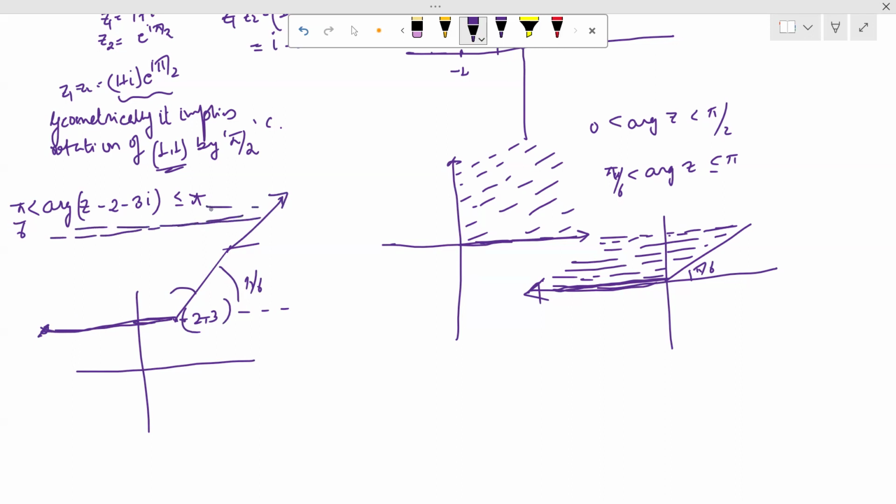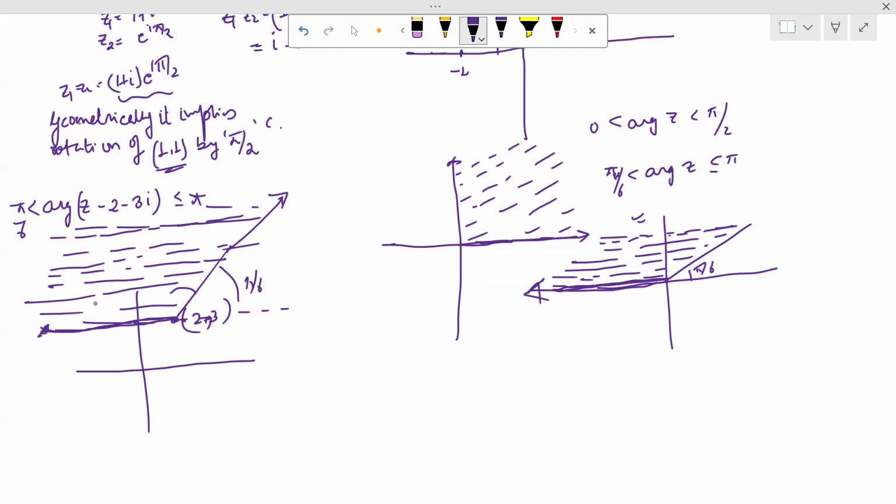This would be that region. The only difference is that had I written only argument of z lying between pi by 6 and pi, this would have been the answer. But now I'm writing argument of z minus 2 minus 3 iota, which implies I've shifted my origin to 2 comma 3.